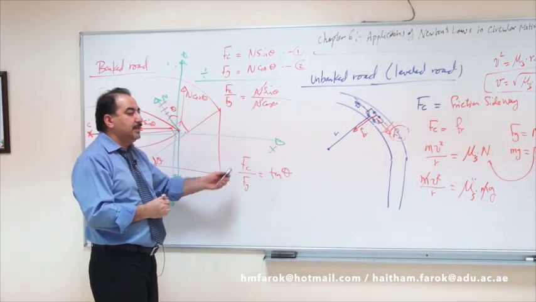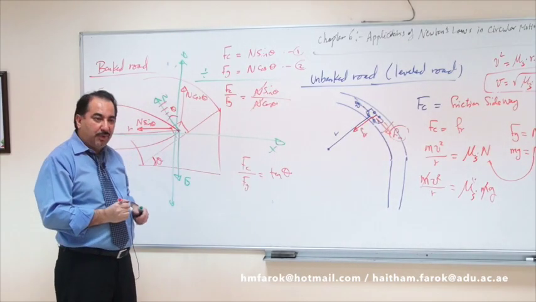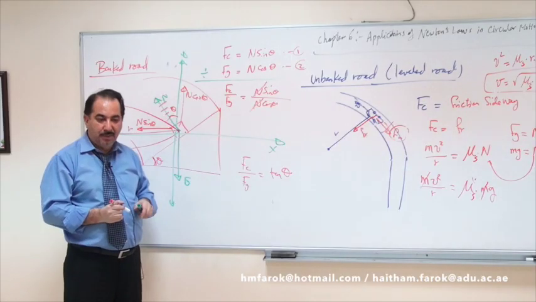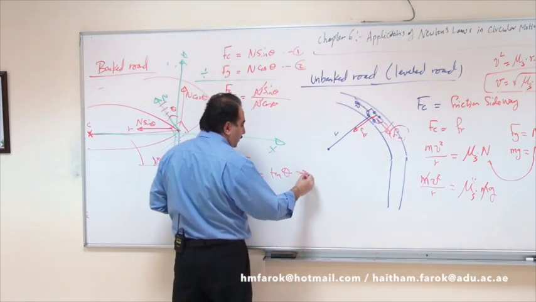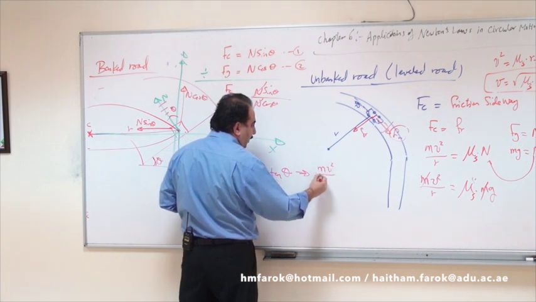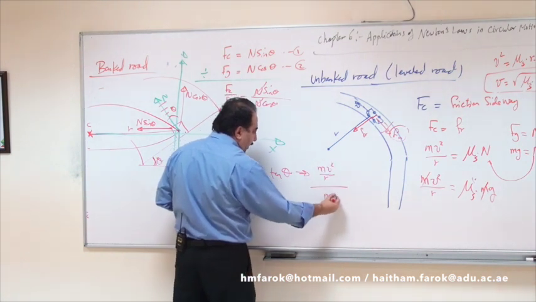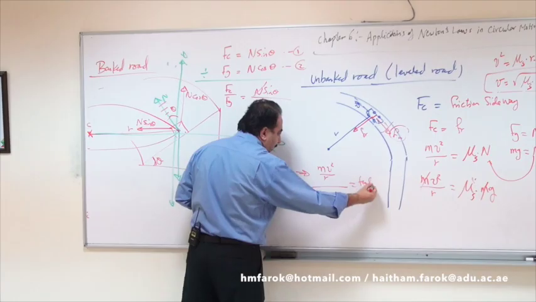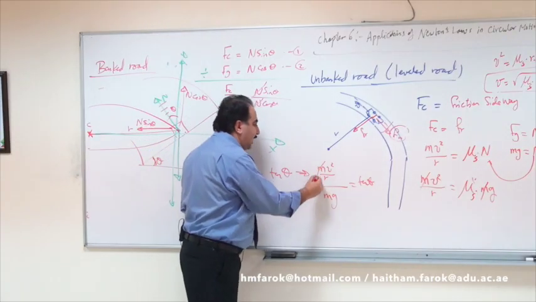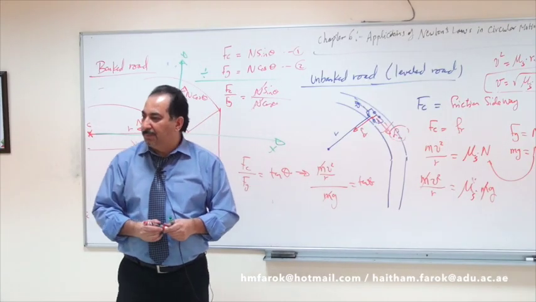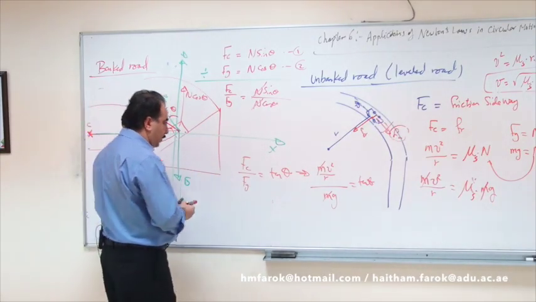Now, what is Fc equal to? mv square over r. Fg here, mg in general. So this equation becomes mv square over r over mg equals tan theta. Again, as before, do I need the mass? The mass has no effect on the circular motion. What's the final here?